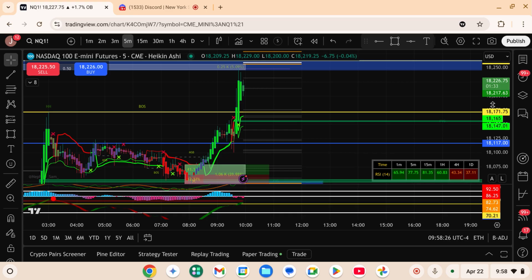Yeah, so at this point, we're just waiting for a pullback to take longs from some area.